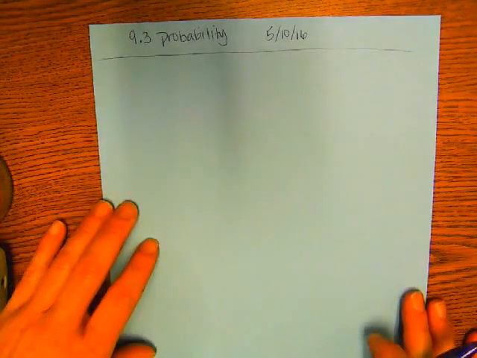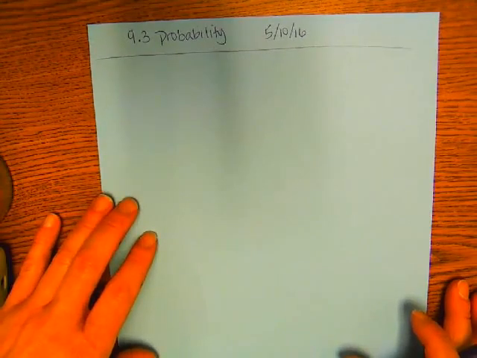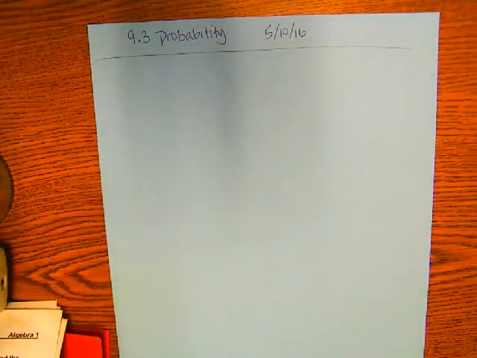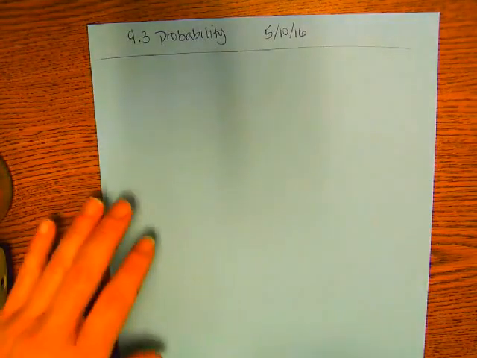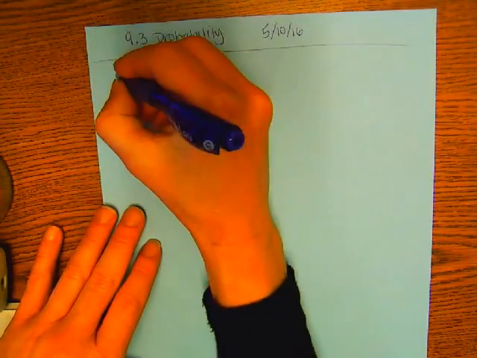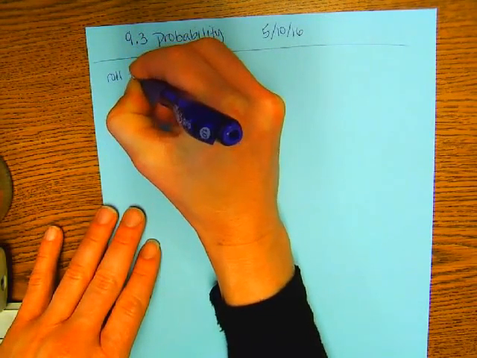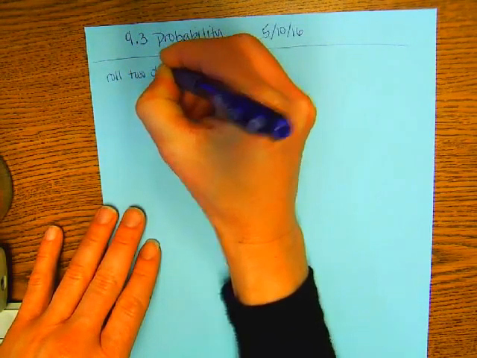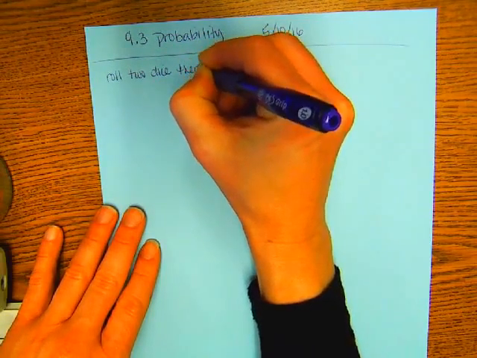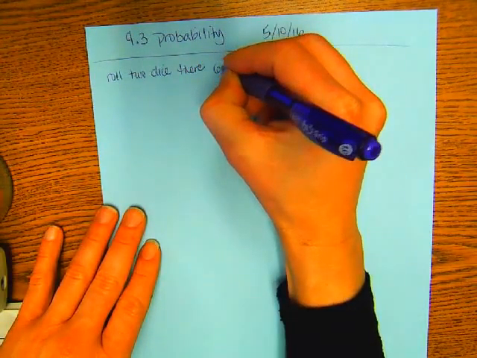How many outcomes are possible on the first die? 6. How many on the second? 6. So when I roll 2 dice, think multiplication counting principle, there are 6 times 6 or 36 possible outcomes.